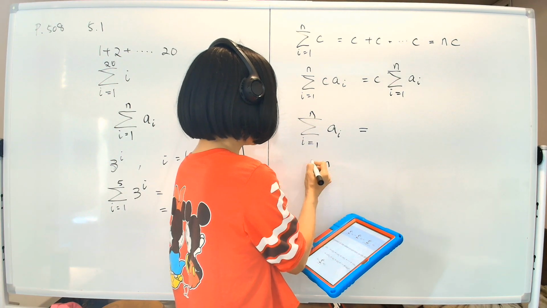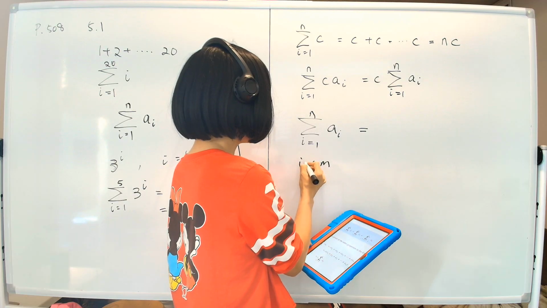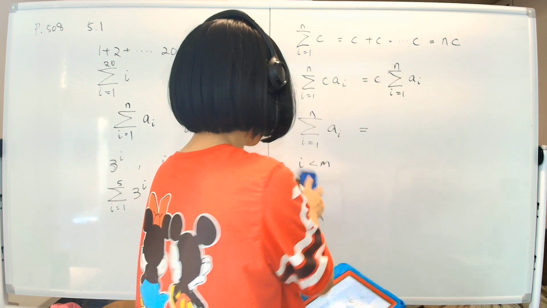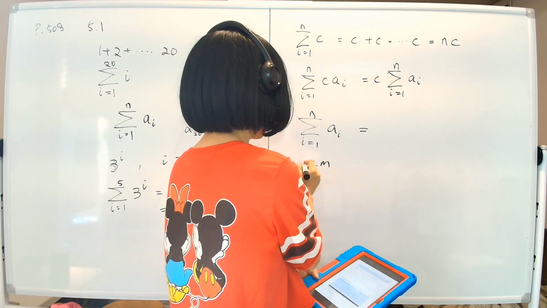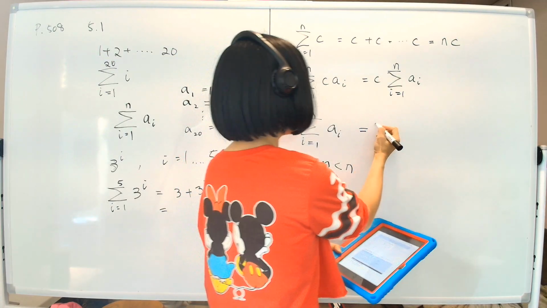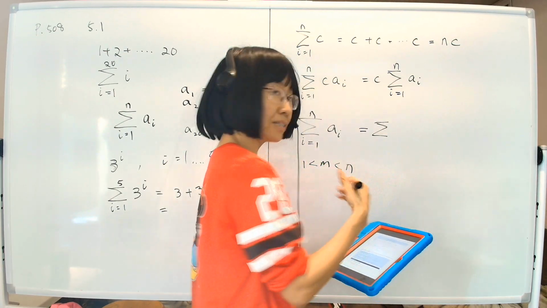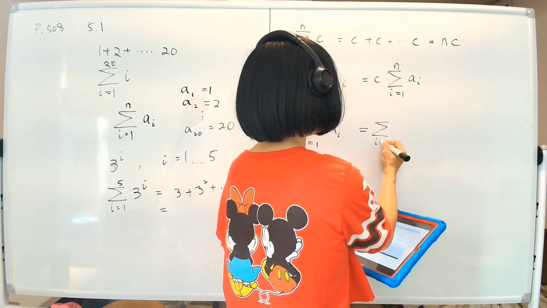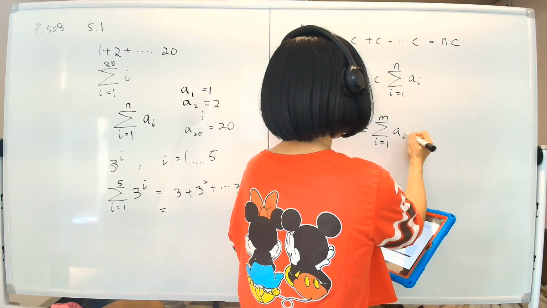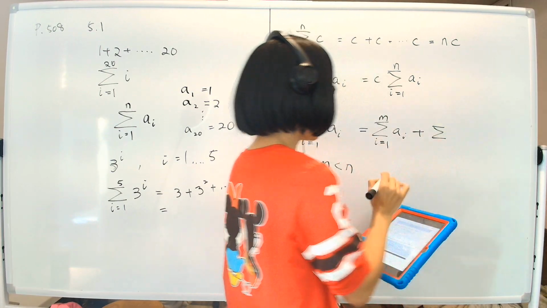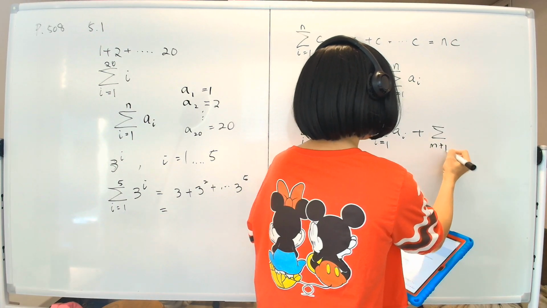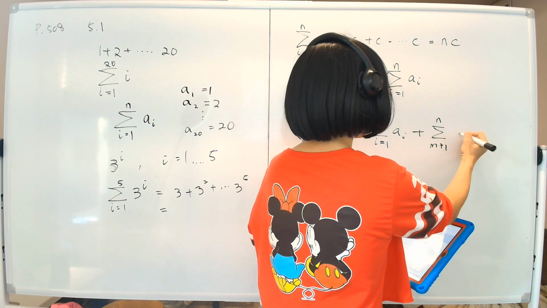If m is a number between 1 and n, somewhere in between, that's the same as adding up from the first one to the number m of a_i, and then you continue to add from m plus 1 to finally get to n.